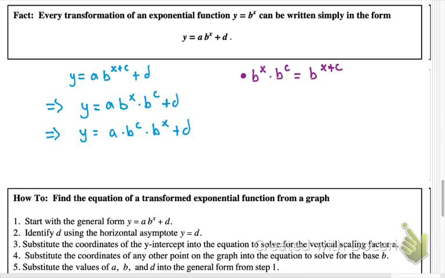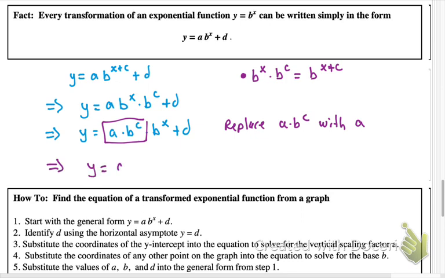And right here, a times b to the c, this is just some constant. So whatever a times b to the c is, it's still going to accomplish vertical stretching and compressing, and if it's negative, it's still going to give us a vertical reflection. So what we're going to do is we're just going to replace a times b to the c, since it's a constant, with just a number a.